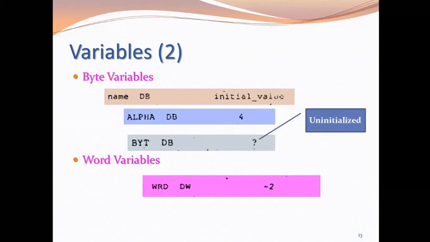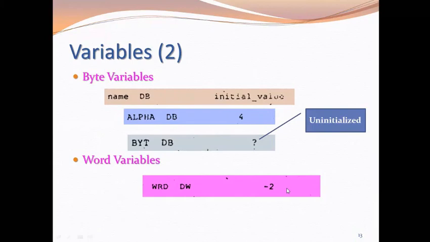A student asks about the -2. It can be -2 even in the value. It can be -2, +2, -4, +4. This is a number, and every number will be converted into a binary number, right? So that many bits will be allocated in memory.